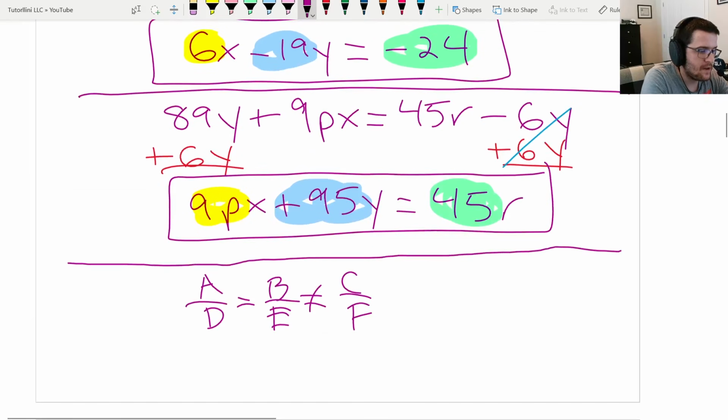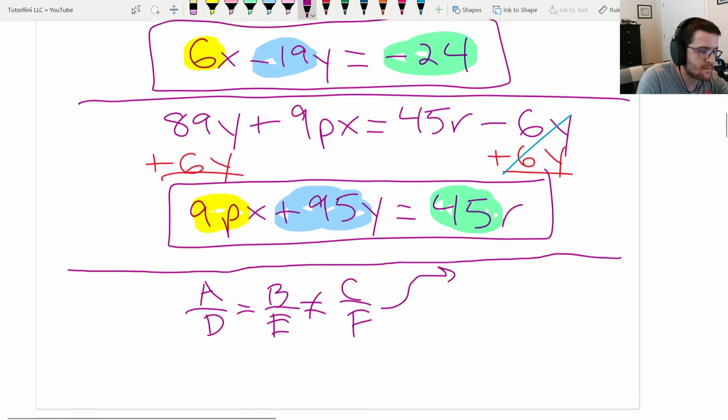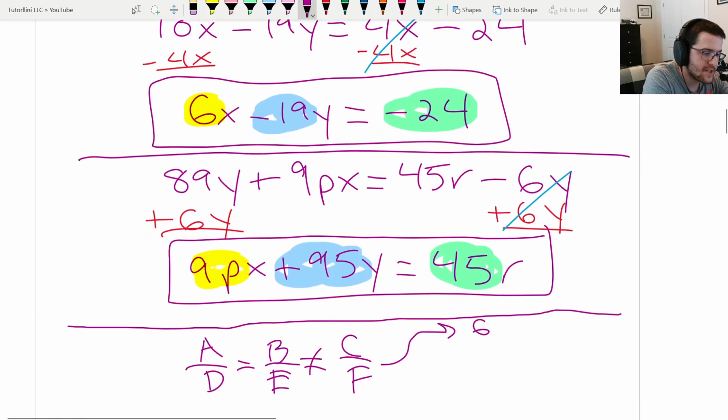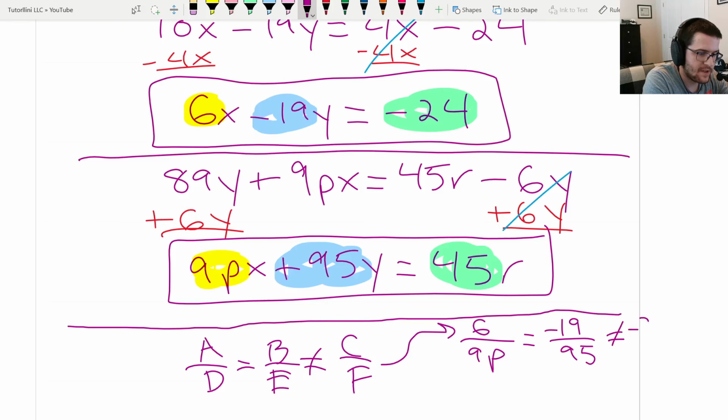So 6 over 9p equals negative 19 over 95, which is not equal to negative 24 over 45r.